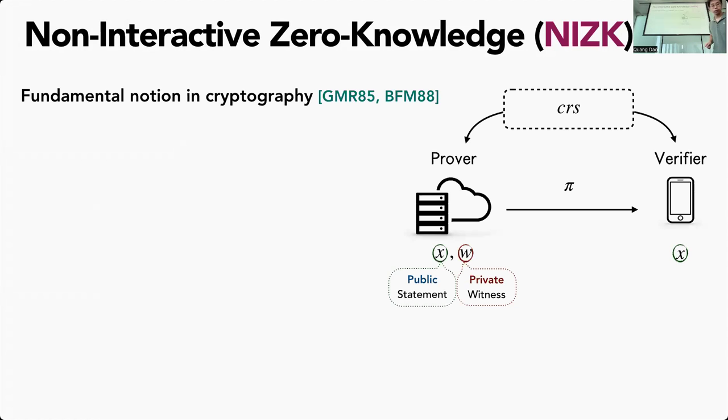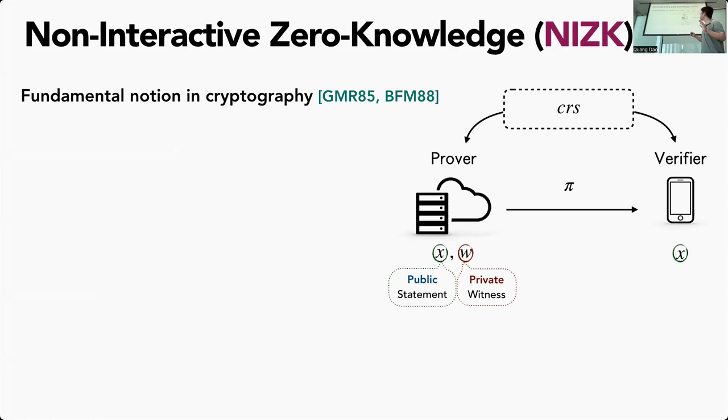So this work is roughly about proof systems. And in particular, we care about a particular form of proof system called non-interactive zero-knowledge proofs. So in a proof system such as NIZK, it consists of two parties, a prover and a verifier.